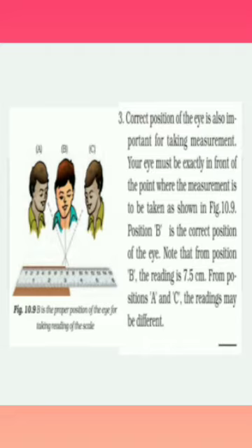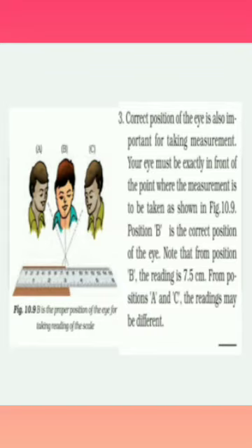So when we measure, the correct position of the eye is also important. Your eye must be exactly in front of the point where the measurement is to be taken. Look at this picture. Position B is the correct position of the eye. So what is the reading?